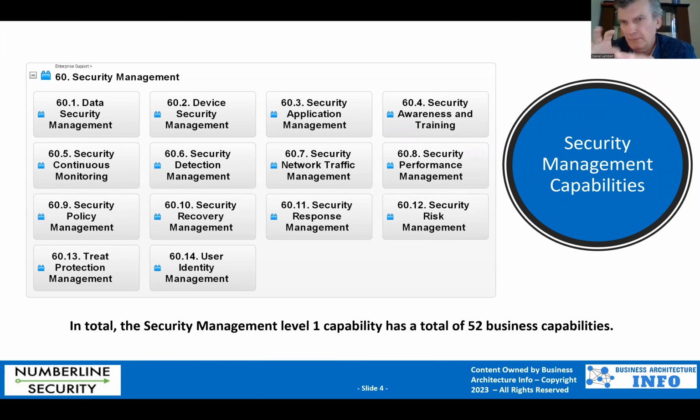In total, the framework that I'm showing you has 52 business capabilities under the level 1 security management.